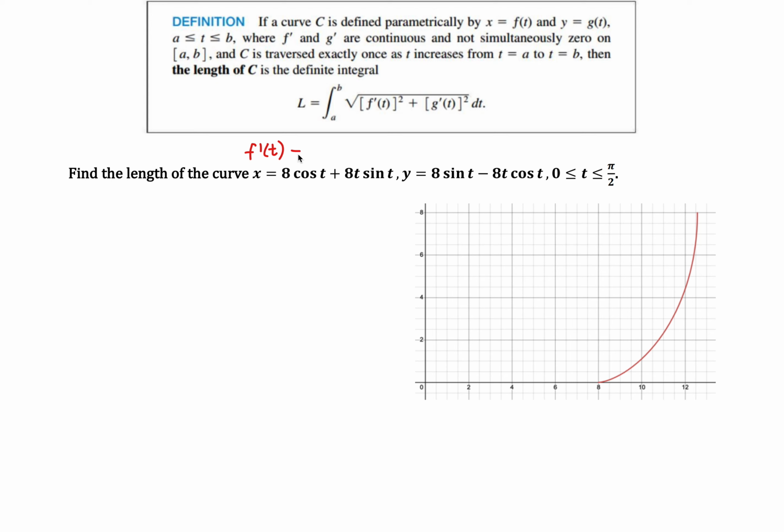We're going to have negative 8 sine t. Then we have to use the product rule. So it's going to be plus 8t cosine t. And then it's going to be 8 sine t.